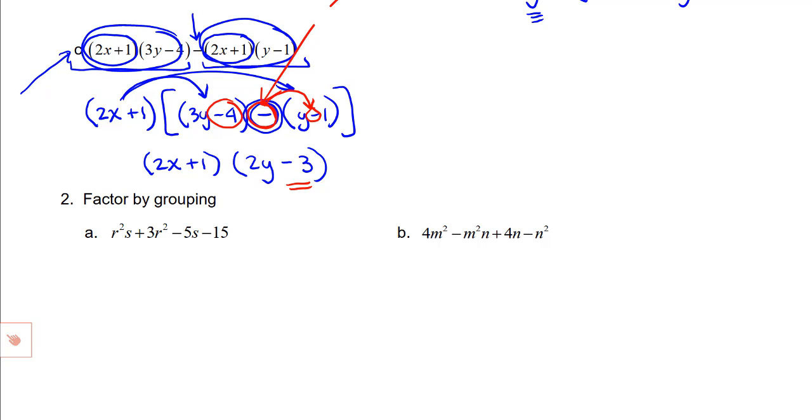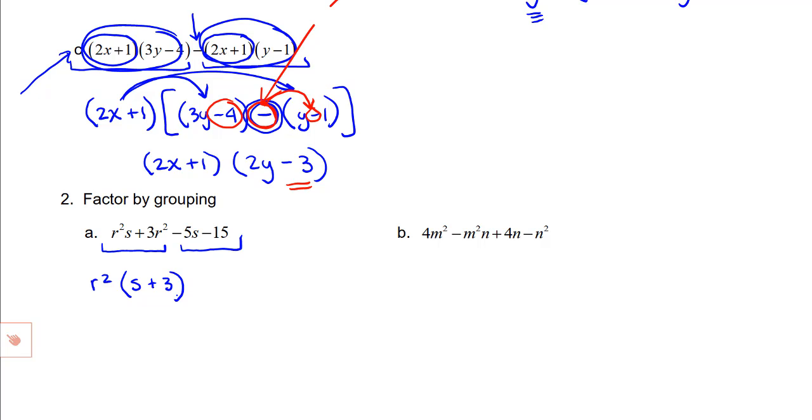When you see 4 terms, the idea is, let's group them. So this is a nice question. It kind of includes lots of skills at once. In the first two only, what's common? R squared. What's left? S plus 3. Good job.